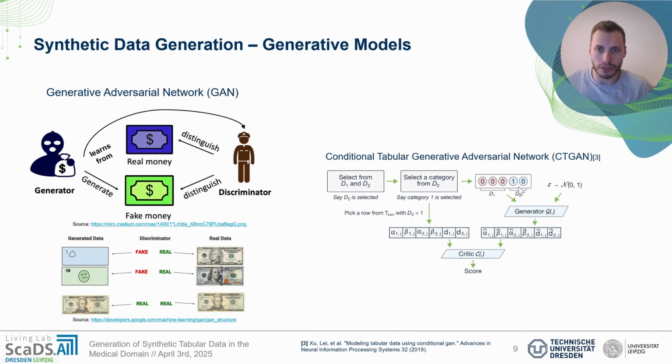And this forces the generator to generate exactly this value for this variable. And to make the discriminator, or in this case the critic, learn this, he always gets the real sample which also fulfills this condition. And this helps the GAN model to learn also more rare categories and not just the common ones.